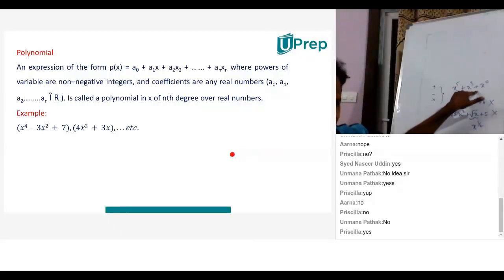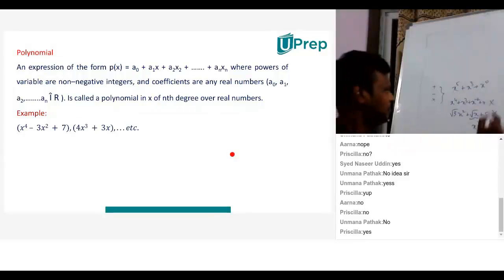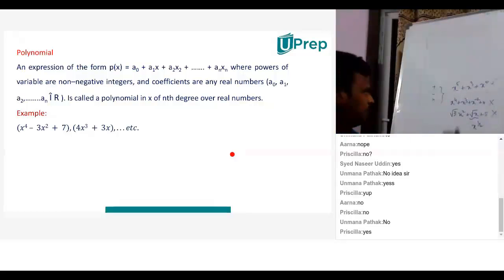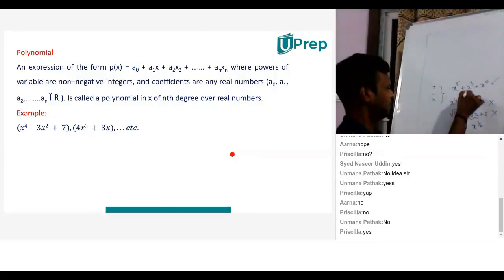Yes. Guys, you can call this a polynomial because the power of the variable is a whole number here. It is non-negative. In the earlier case, the power was negative, and here it was a fraction. But I can have the power of the variable as a whole number or a non-negative integer. This can be written as x power 5 plus x cube plus 1.